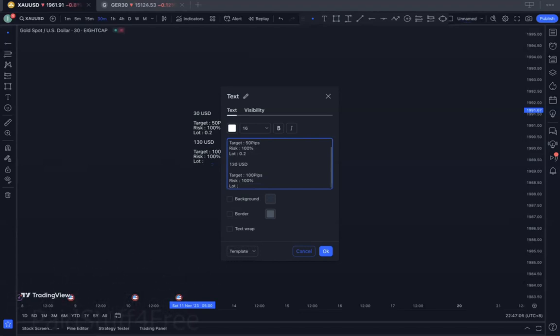$130, risk 100%, and SL maybe 15 pips or 20 pips, something like that. Okay, the lot size is like 0.09. Wait, 0.09?